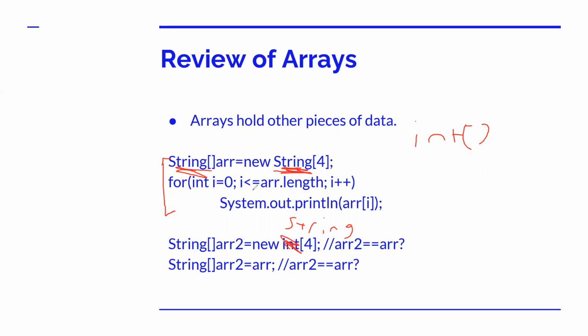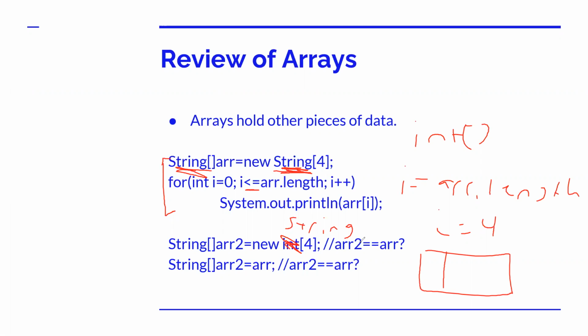But also notice that here, I'm using less than or equal to. The problem with that is what happens when i is equal to the array length? When i is equal to array.length, that means i is equal to 4, because the length of it is 4. But what does our array look like? In position 0, we have null. Position 1, null.